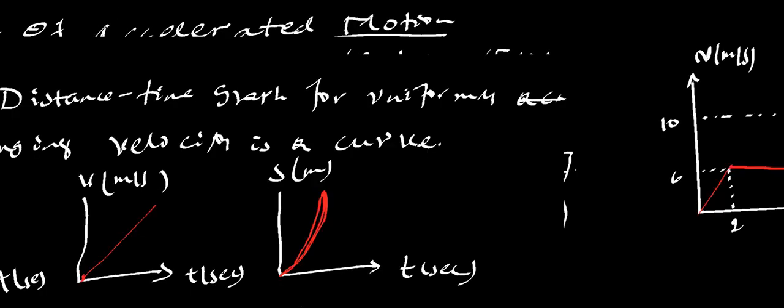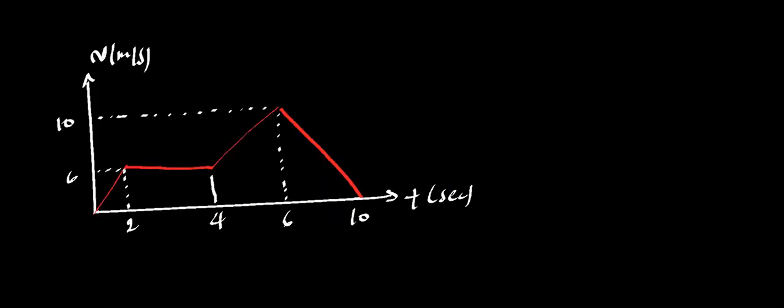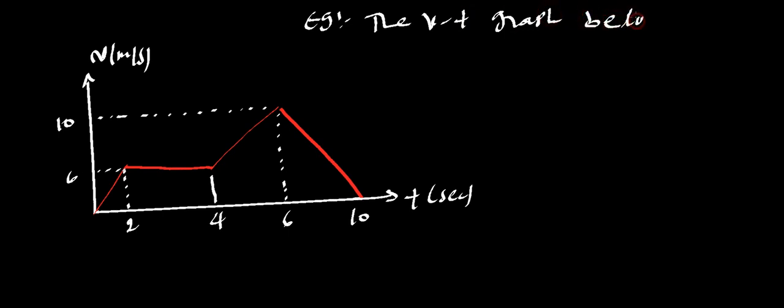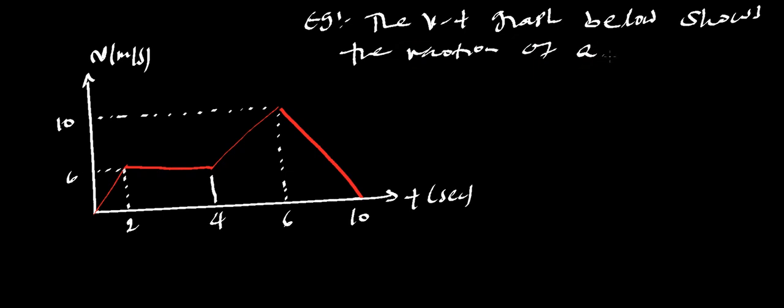Now, let's see another example. Let's see this graph. This is a velocity time graph. As an example, the velocity time graph below shows the motion of a car.